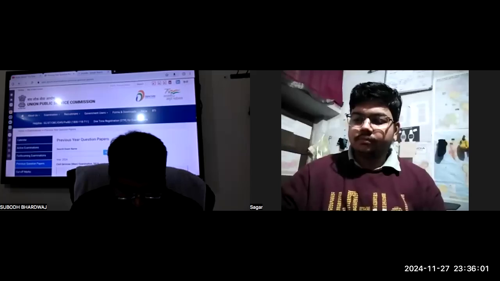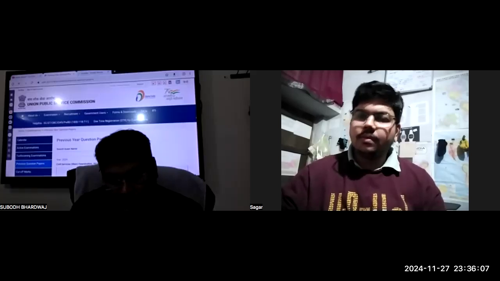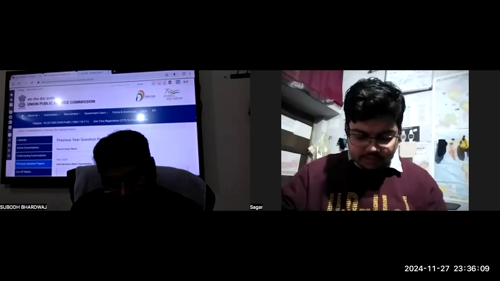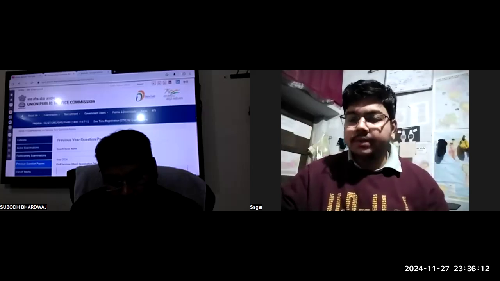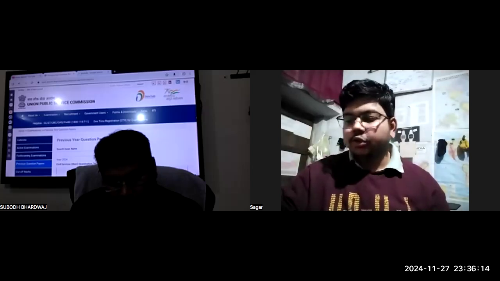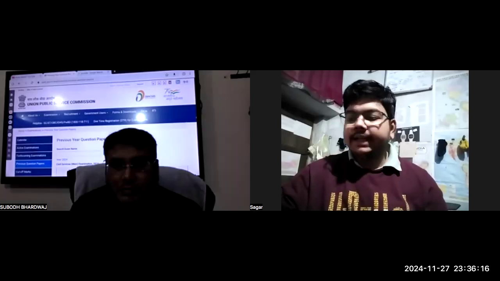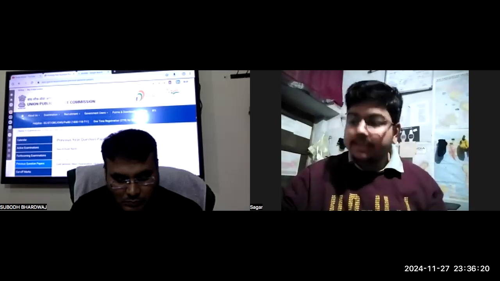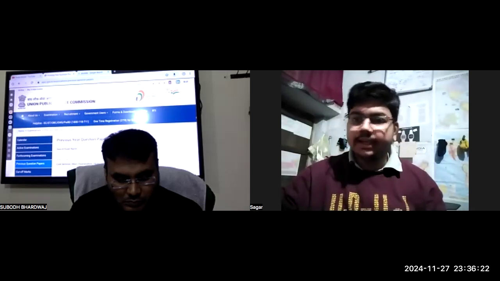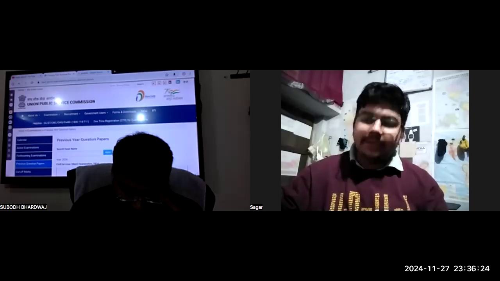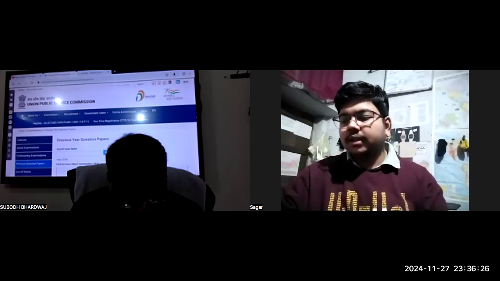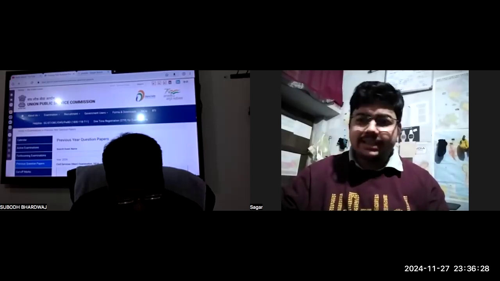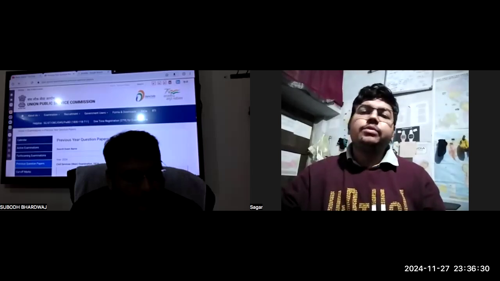Yes, good. Next, what is an indicator? How many types of indicator are there in volumetric analysis? An indicator is basically what helps us visualize the color when we want to observe any change in titration through colors. Indicators can be of many types. Mostly, they can be classified as acid-base indicators, which are used in acid-base titration.